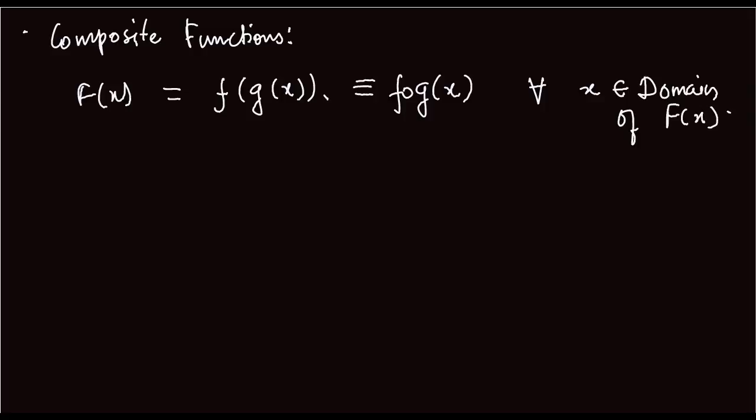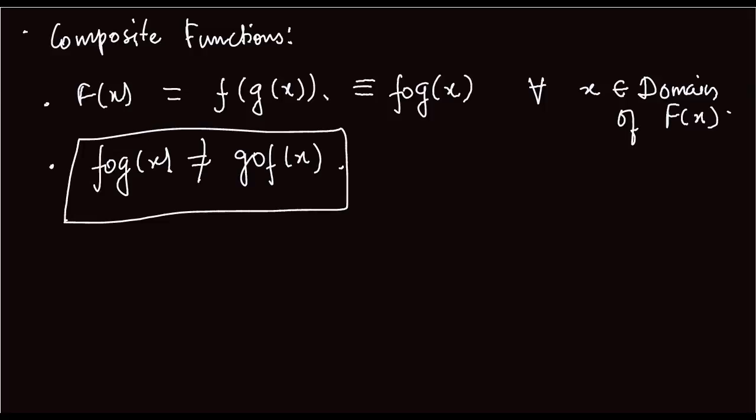Of F(x), capital F(x), not small f(x). Okay. And another point about this is fog x is not equal to gof x, except in some cases which I'm not going to discuss, but keep in mind that this is not equal.